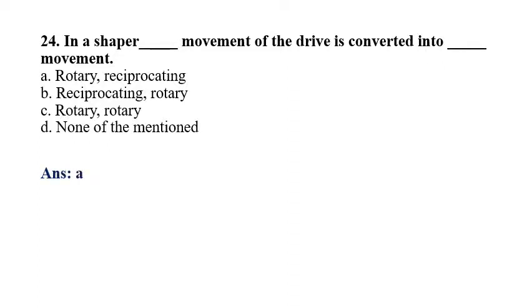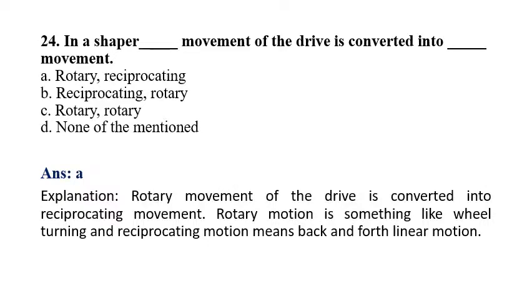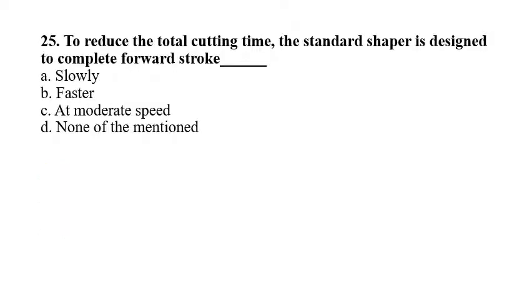In shaper, the rotary movement of the drive is converted into reciprocating movement. Rotary motion is something like a wheel turning, and reciprocating motion is like a back and forth movement.